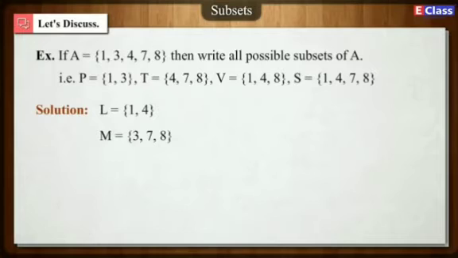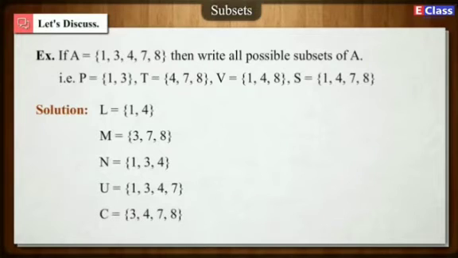N = {1, 3, 4}. U = {1, 3, 4, 7}. And C = {3, 4, 7, 8}.